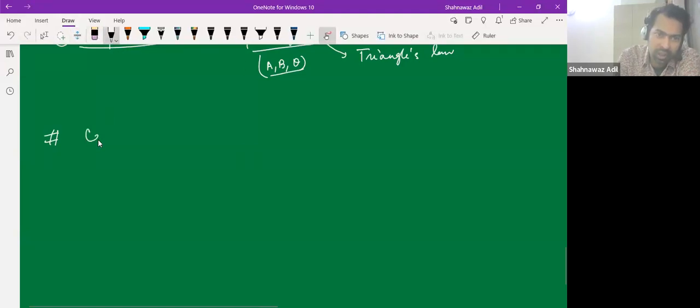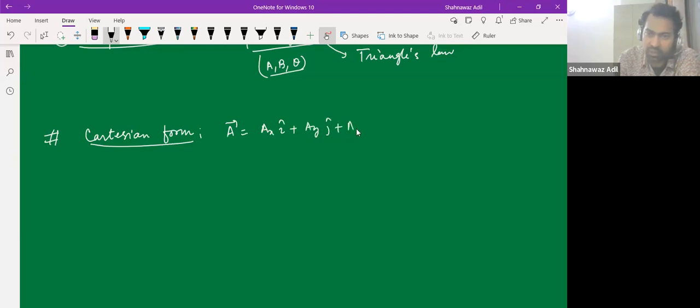So in Cartesian form, let's say we have two vectors. Let's say A, which is AXi plus AYj plus AZk, and we have another vector B, whose X component, Y component, and Z component are also given.